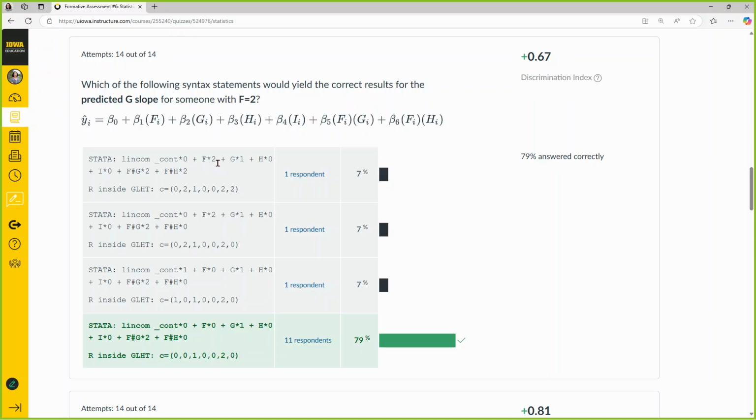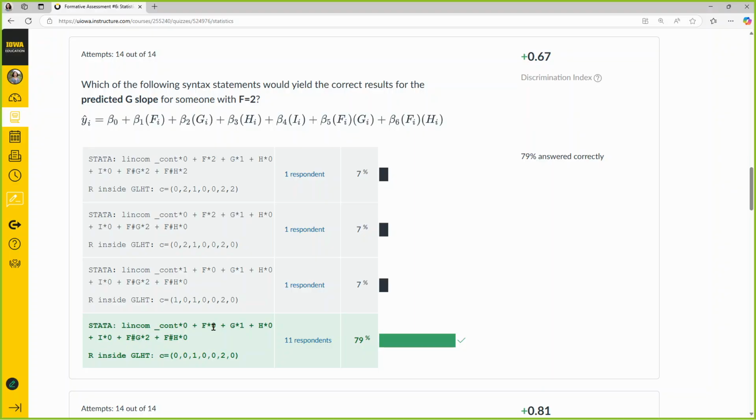That would be something, but the problem is we're looking for the slope of G, so we don't want F to be involved. Okay. If we look at the second one, this was a lot closer, because we don't want the interaction, but we still don't want the F and the 2 to be in there.